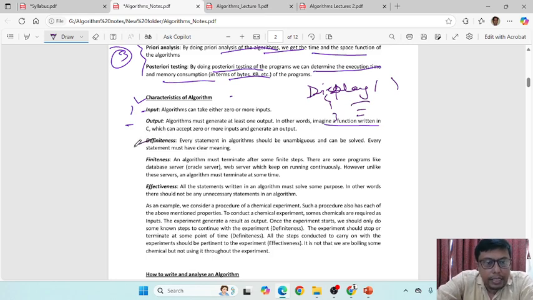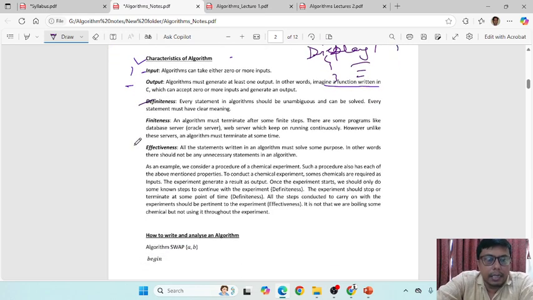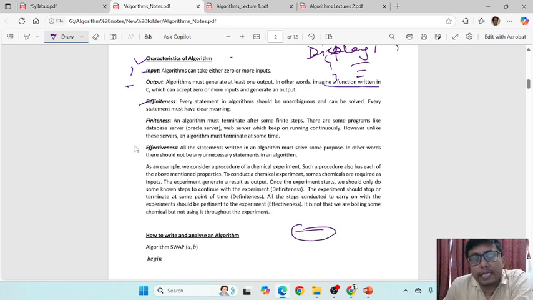Now again, the definiteness. This is the third characteristic. What is definiteness? Whatever statement we write in an algorithm should be unambiguous. What is ambiguous? If you write a statement in an algorithm and that statement has a dual meaning or multiple meanings, that statement is regarded as ambiguous.